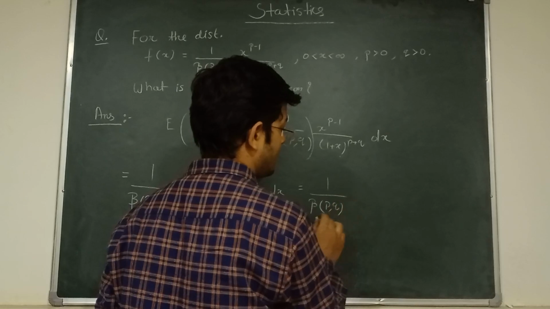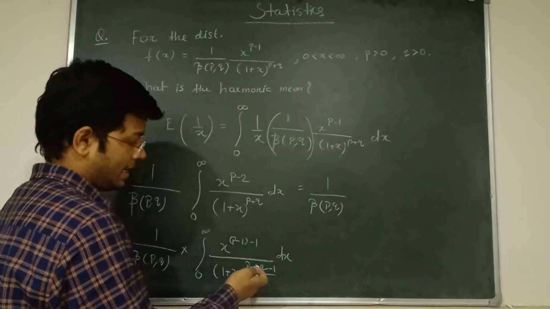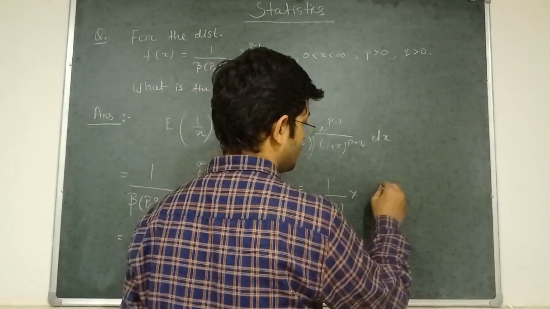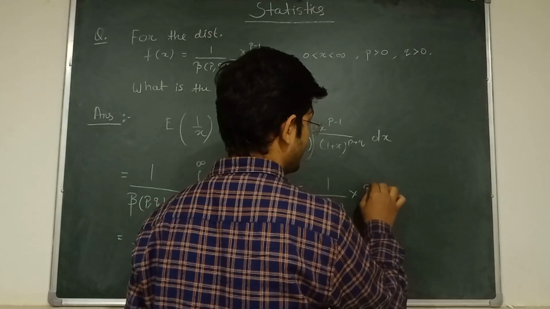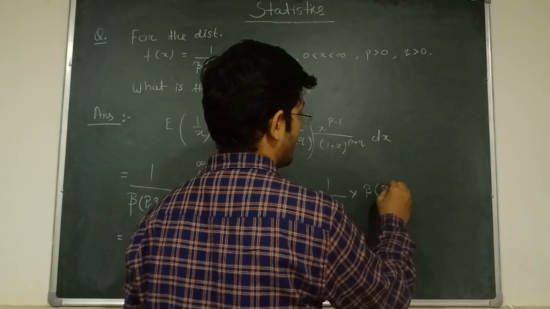So this is the beta(p,q) which is already given, and if we convert it into beta distribution, the beta is equal to p minus 1 and q minus 1.